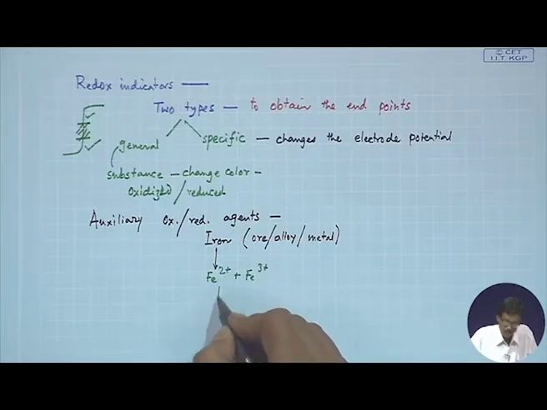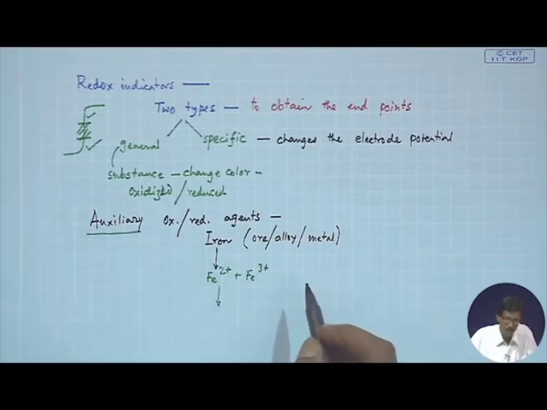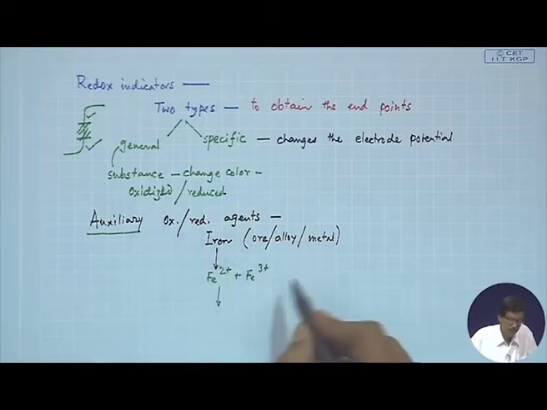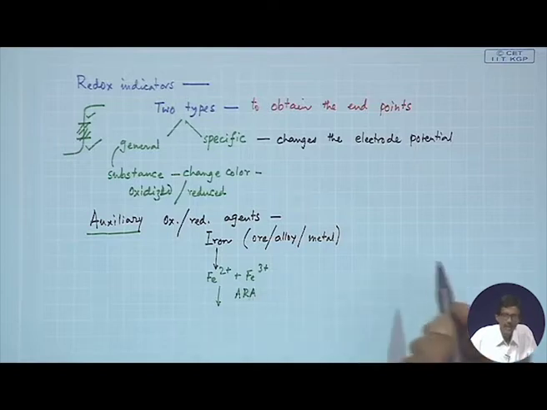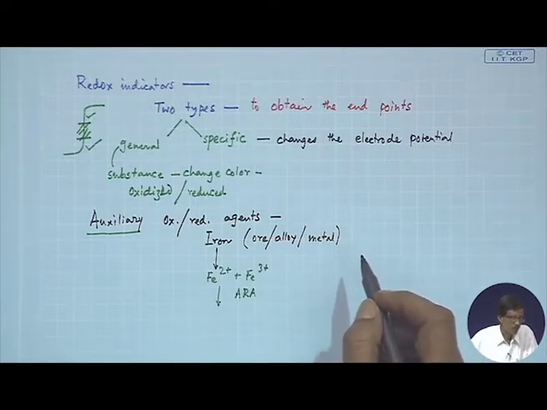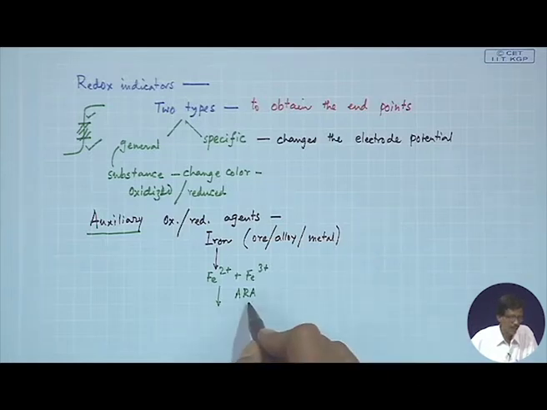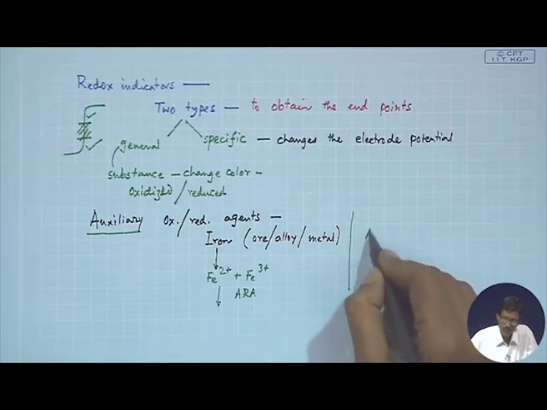So, how to use and what is that corresponding auxiliary part? If we have an auxiliary reducing agent, we call it ARA. So, if we use that auxiliary reducing agent and the analyte solution, what do you have?